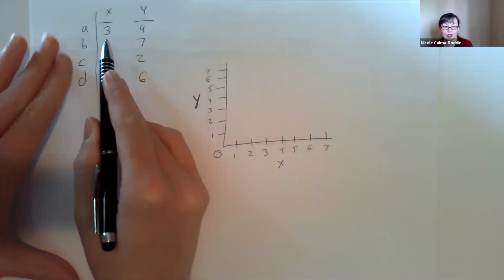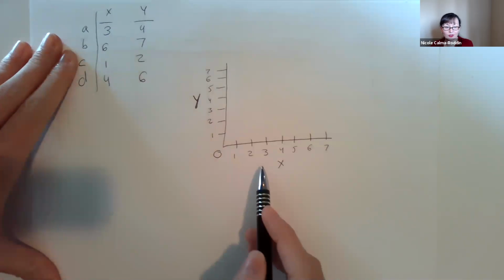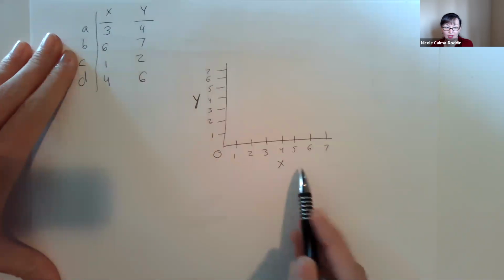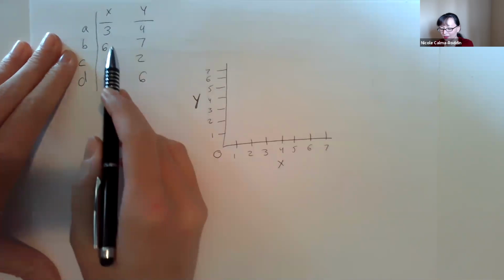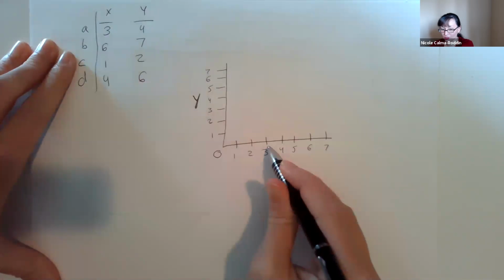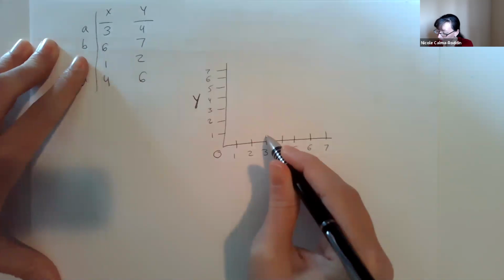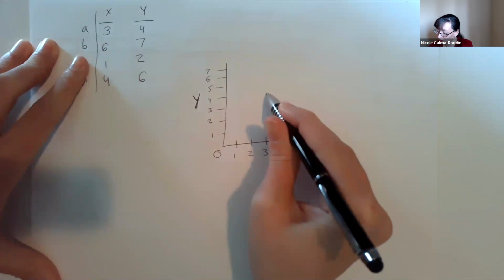We're going to start with person A here, and this X variable is what I have on this horizontal X-axis. Our score is 3 here, so I'm going to move over to number 3. And then we're going to move up to the height for the score for the vertical axis. Here our Y variable is 4, so I'm going to go up to 4.